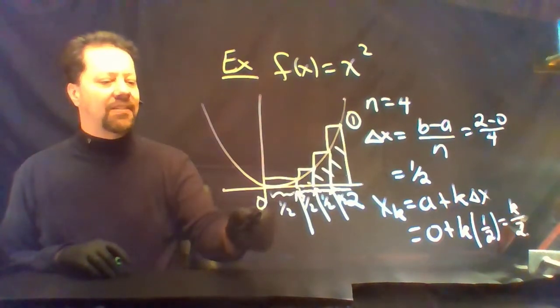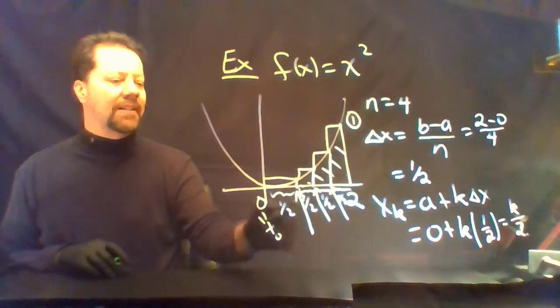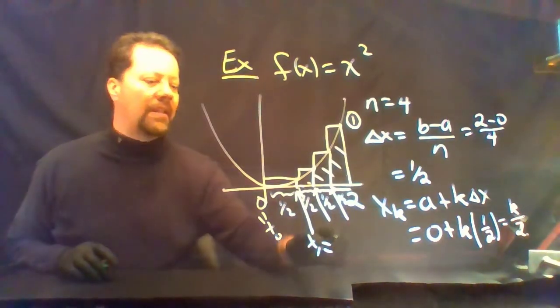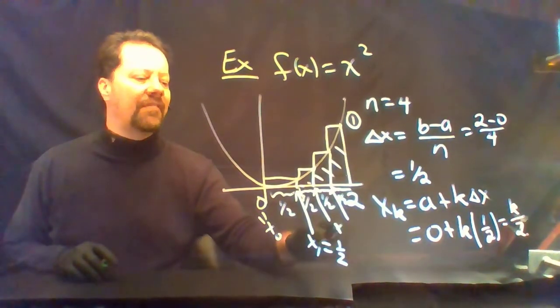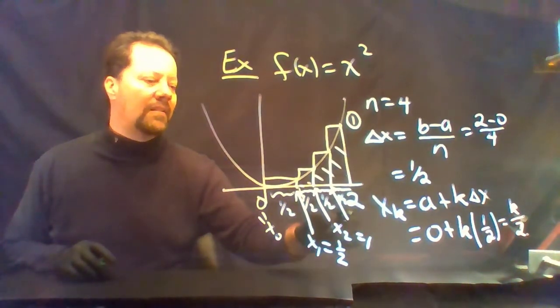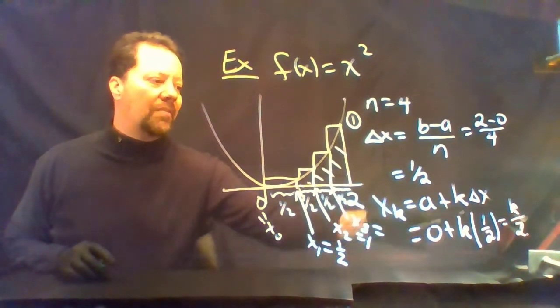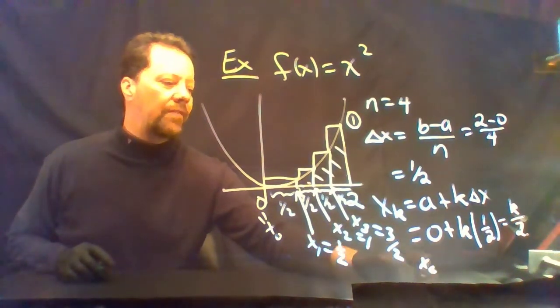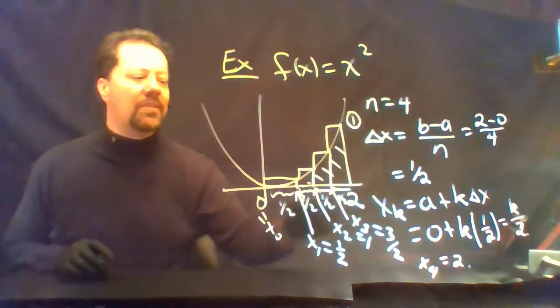So when k is 0, we get 0. x1 is going to be 1/2. x2 is going to be 1. x3 is going to be 3/2. And x4 will be 2, this right-hand endpoint.